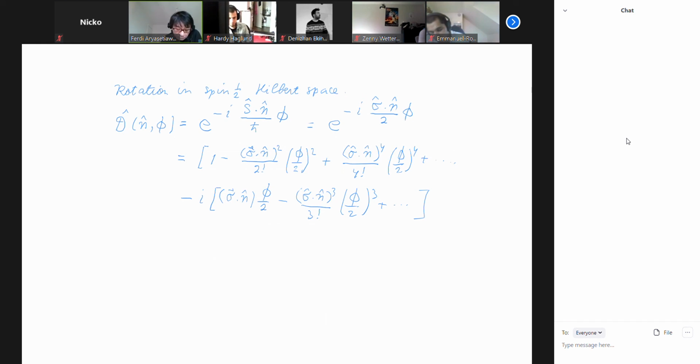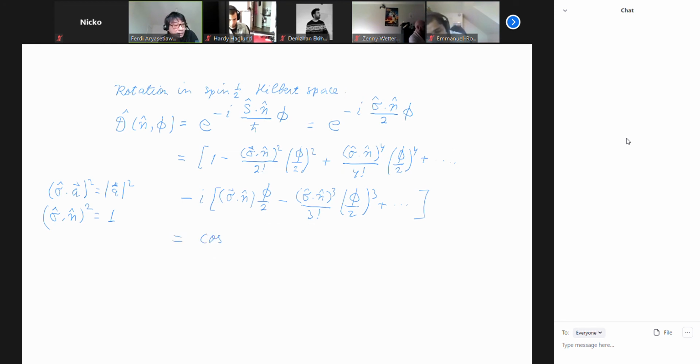So the Pauli matrices have the property that sigma dot n squared is equal to n squared, like that. So then this thing here is just equal to 1. Yes, because n is a unit vector. So this means that the even term becomes simply a cosine.